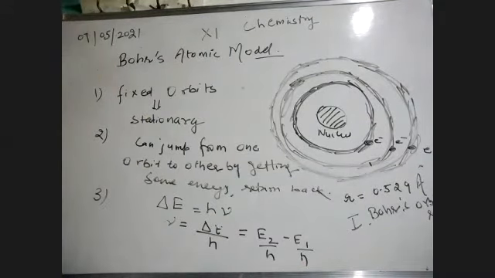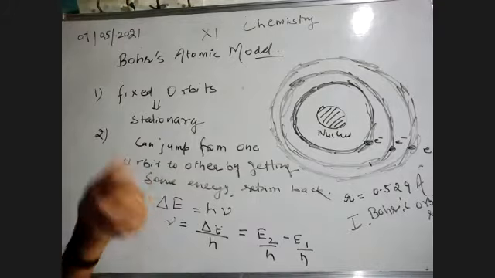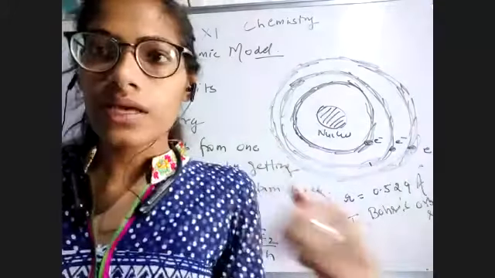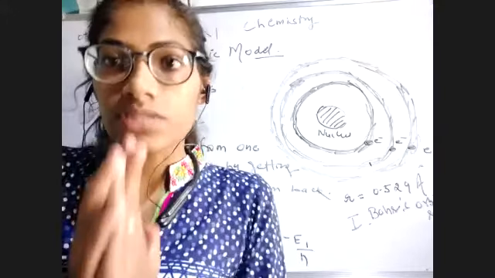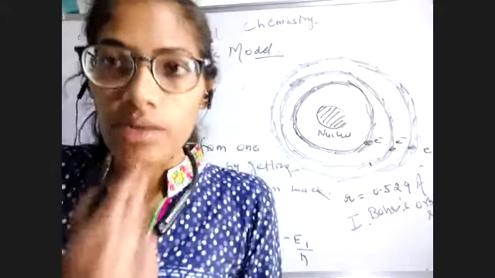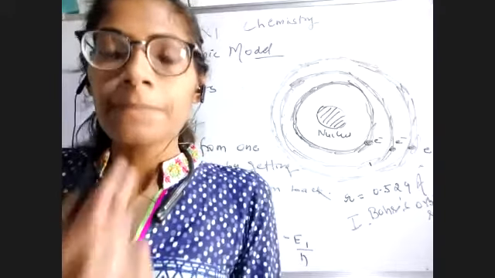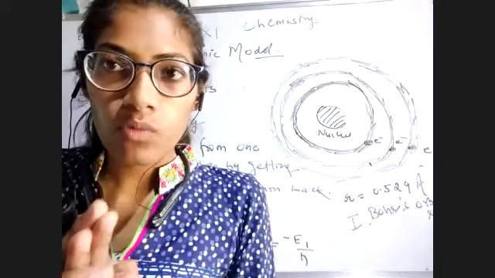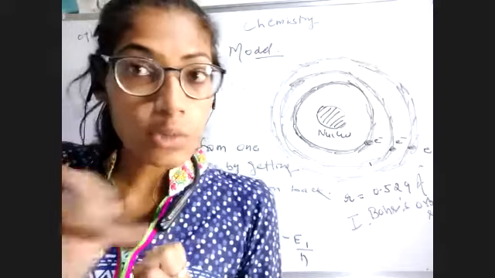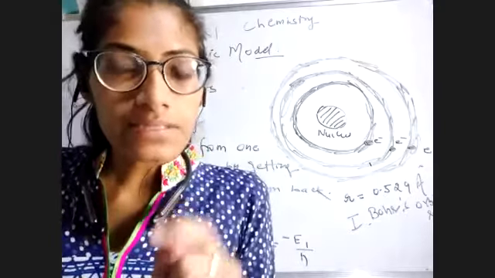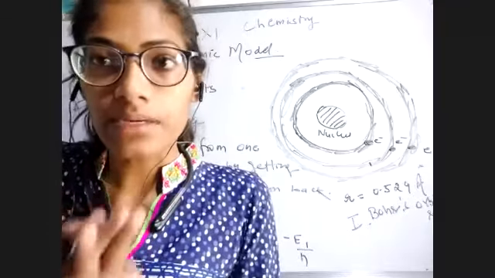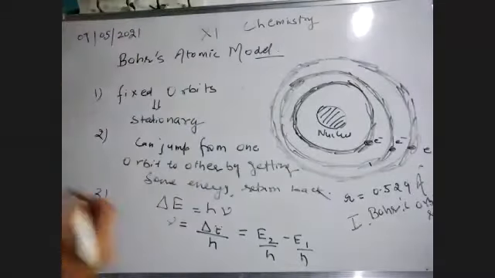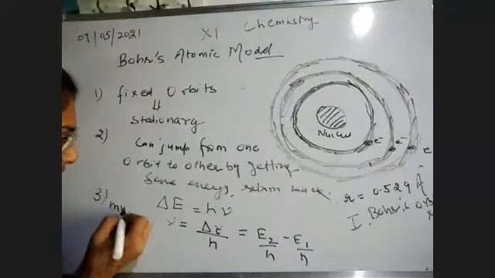Besides this, he also told us that these electrons are moving in a circular orbit. That means they must possess some angular momentum. I will repeat it again: since these electrons are moving in a circular orbit, they must have some fixed angular momentum. And this angular momentum is denoted by mvr.